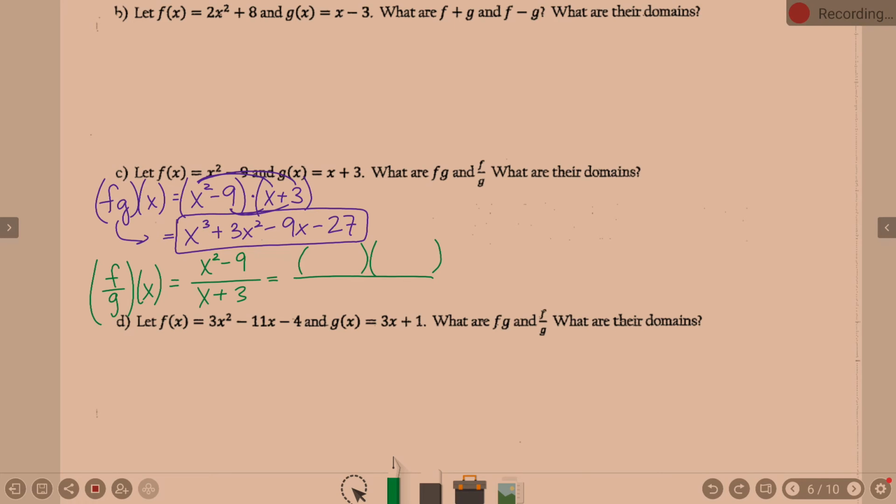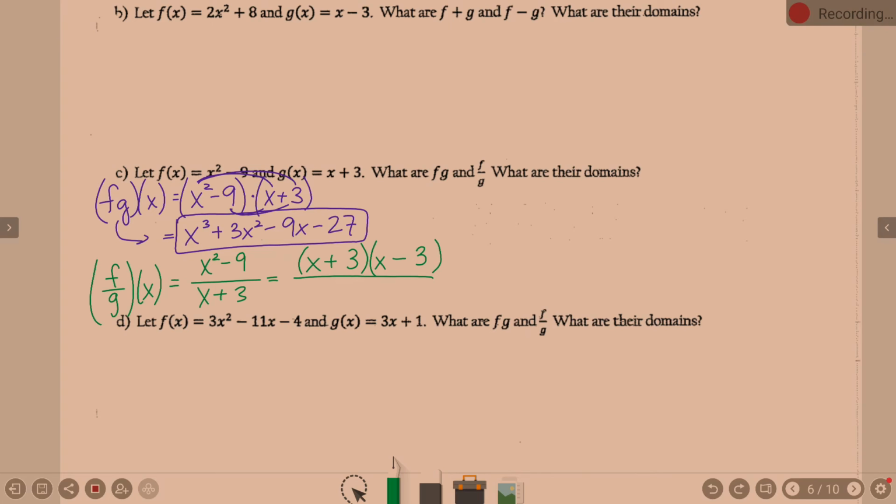X squared is a perfect square. 9 is a perfect square. It's kind of like product and sum, except it's one of our special cases. The square root of x squared is x, so the front of each parenthesis is x and x. The square root of 9 is 3, so the back of each parenthesis is 3. How do you multiply to get a minus 9? Yeah, a positive and a negative, or a negative and a positive.